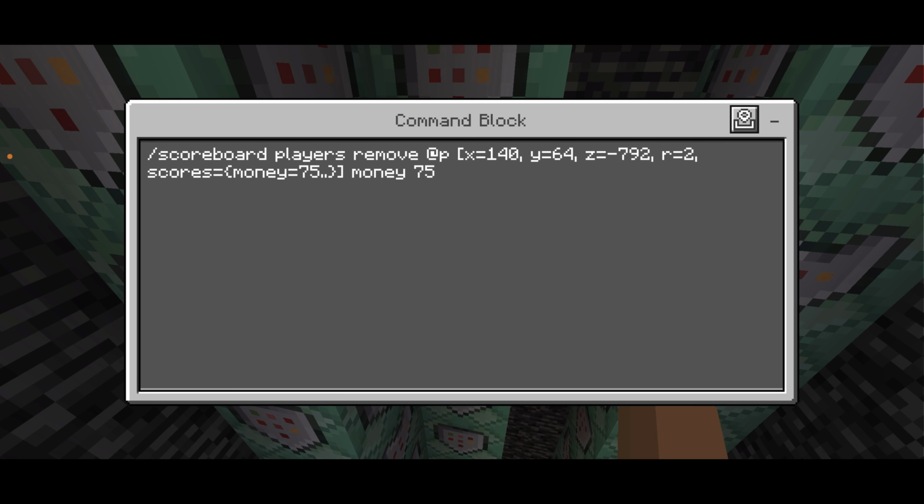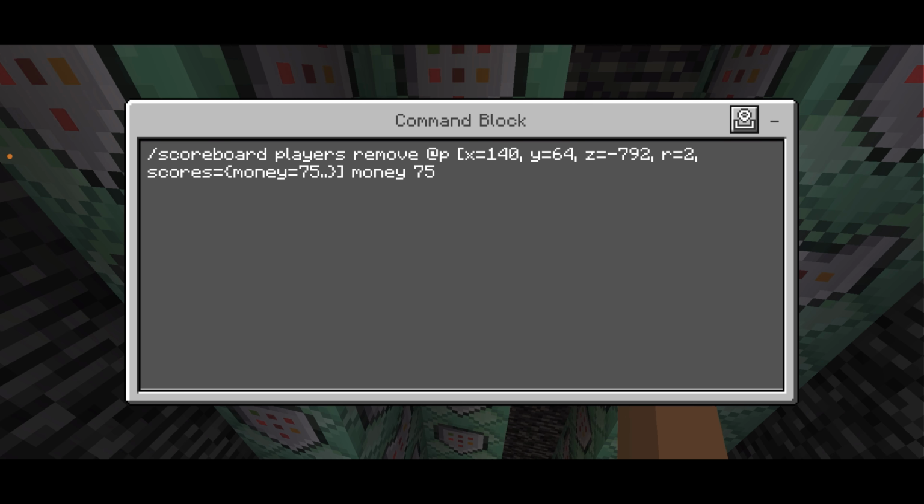Now, this will also work even though you don't have conditional, it's going to check that. But if you were going to do this in a command area for your NPC, you would also have to do an execute score just to make sure it is still the season.